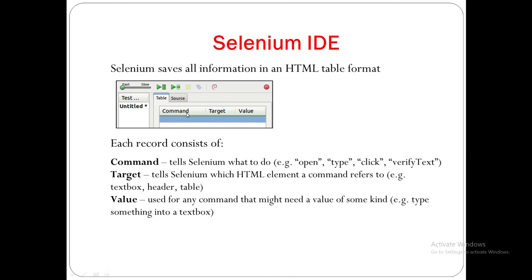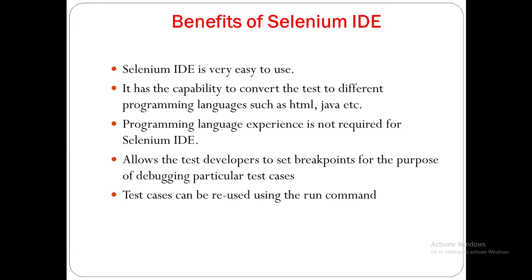It contains different commands like open, type, click, verify, text. Next is the target, which tells Selenium which HTML element the command refers to, for example, text box, header, table. Last is the value, which is used for any command that might need a value of some kind, for example, typing something into a text box.